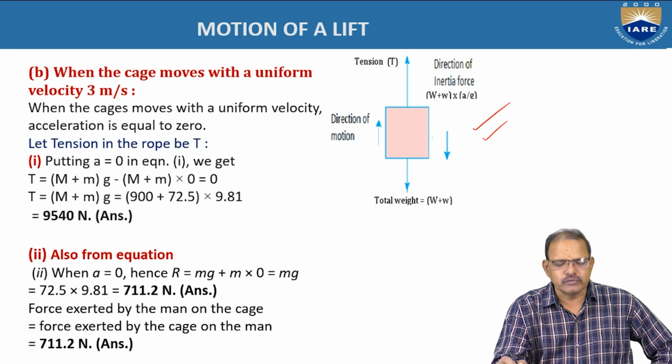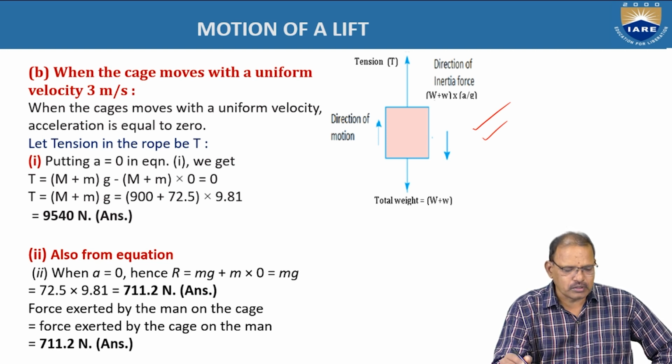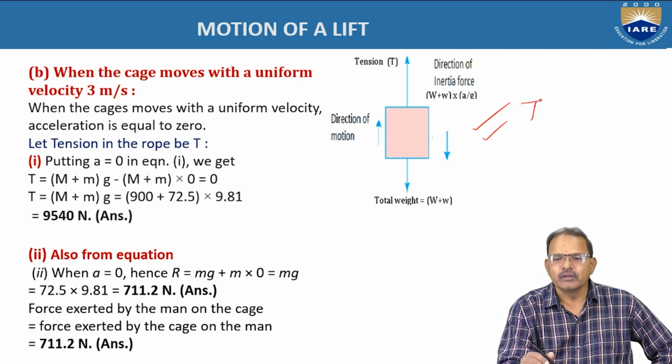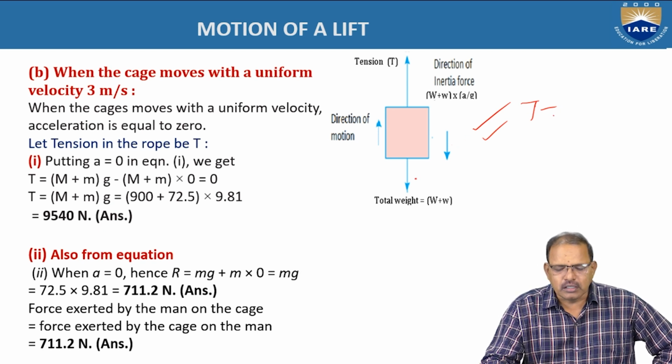The sum of the forces acting in the upward direction should be equal to those in the downward direction. So from this relationship, we can evaluate the tension in the string.